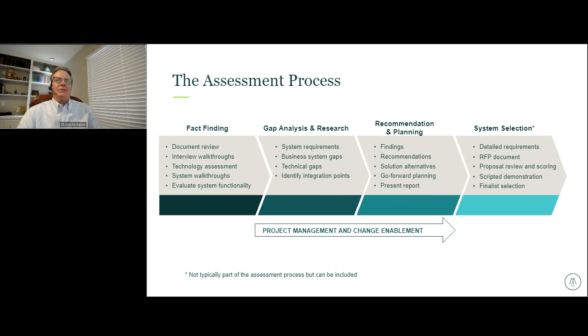The second step is gap analysis and research, where we delve a little bit deeper into system requirements, how things need to look in the end state, and then obviously recommendation and planning in terms of where we need to go with the results of the assessment and how we're going to prioritize it. And then depending on the recommendations, if they include what I consider kind of a rip and replace of one or more systems, then you're potentially looking at a fourth aspect of the assessment process or the process in general, which would be a system selection.